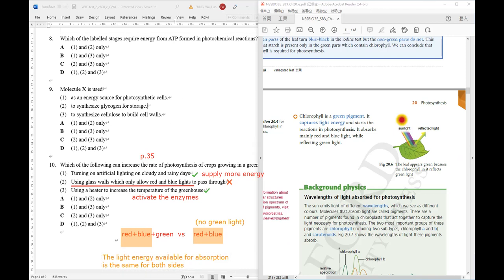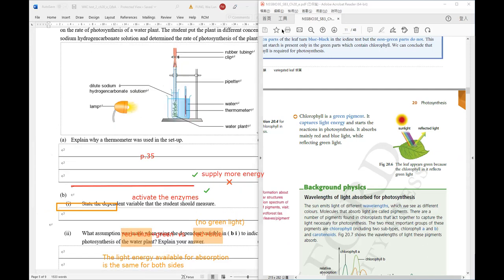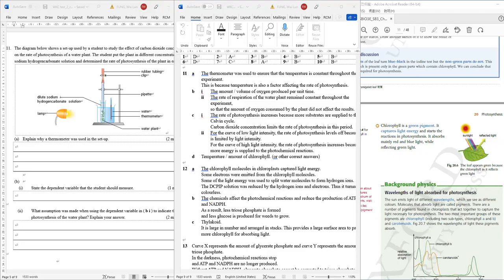So in this case, I can say statement 2 is wrong, so I will choose B. For the part below, I have explained during the class. So I have just opened the file for including the answer here.